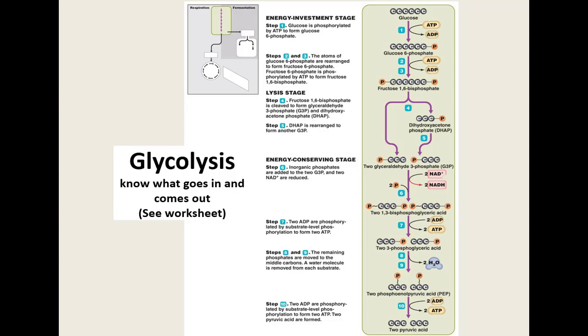Our product at the very end is we get 2 pyruvic acid. Each pyruvic acid is a 3-carbon molecule. So at the end of glycolysis, I have 2 different 3-carbon molecules called pyruvic acid.